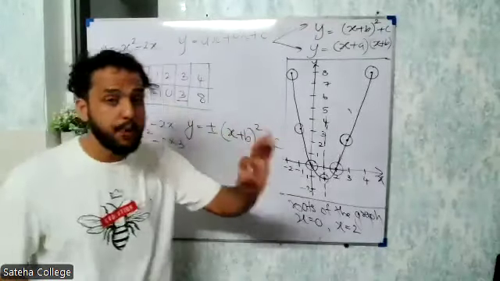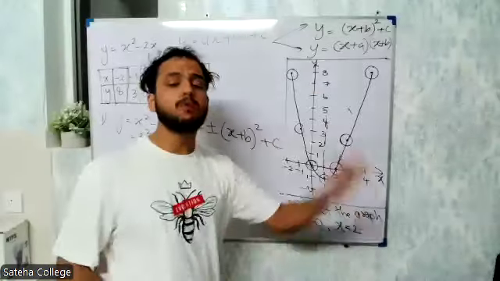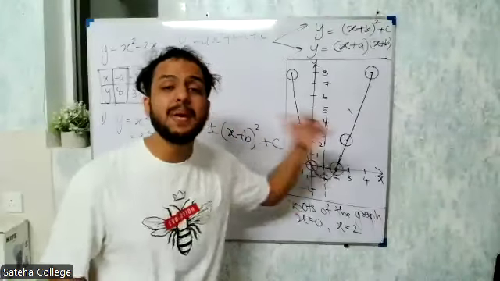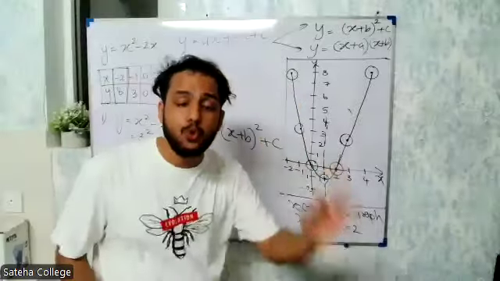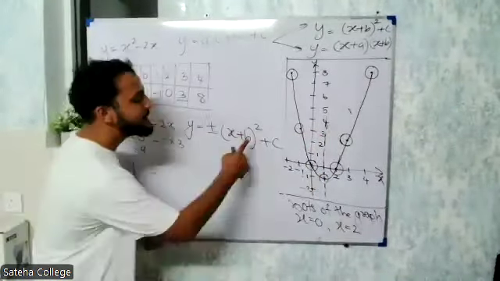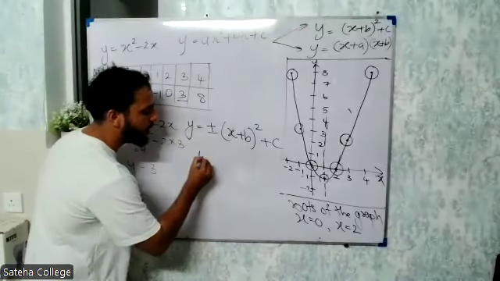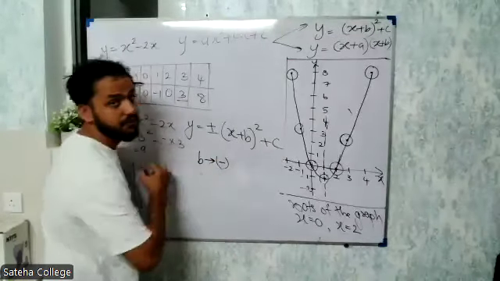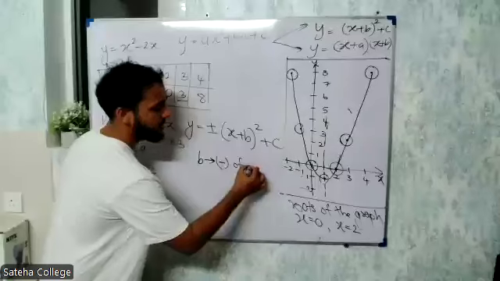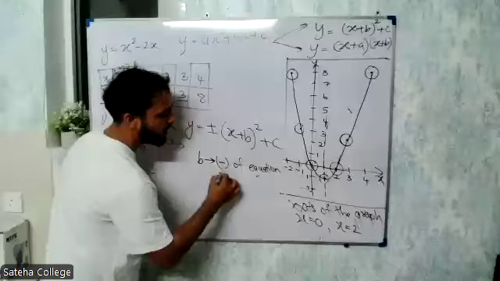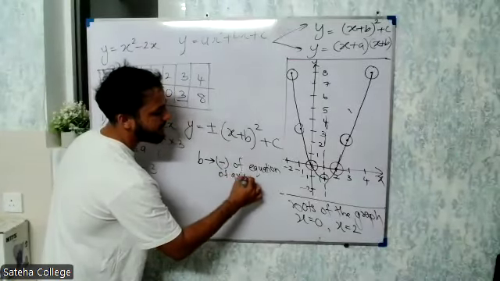Listen carefully, very important. If you take any past paper, this form is repeatedly asked. We have to know this form, so listen very carefully. This b, write it down if you want. What is this b? b is the negative of the equation of the axis of symmetry.